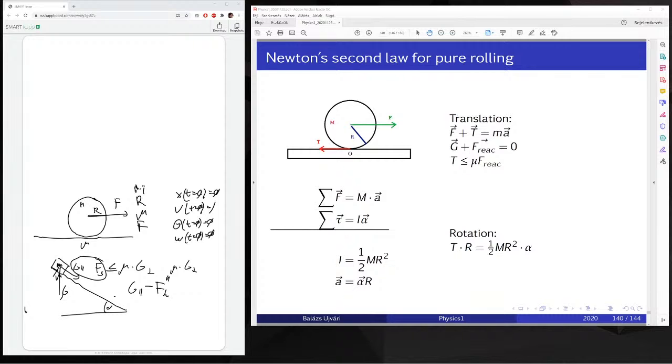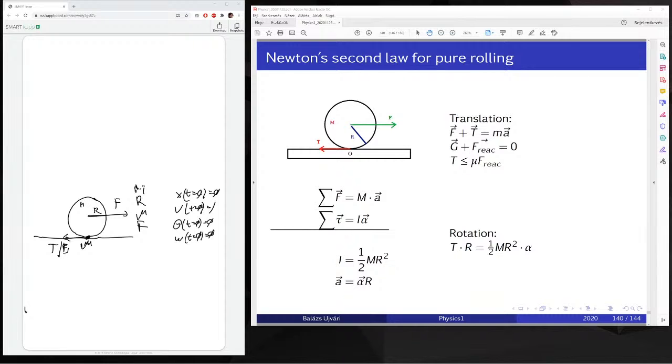Pure rolling means, even if it moves, the force here, I used to write there T, is a static friction. Static friction means something doesn't move. And if you look at the wheel very carefully, the point where it touches the road does not move.